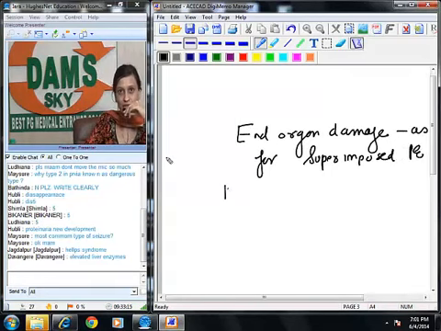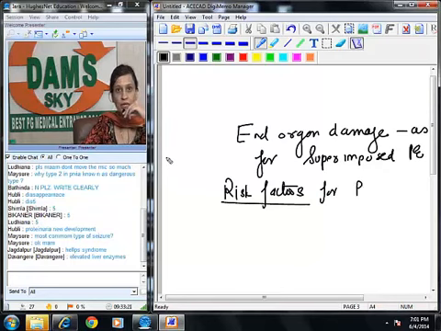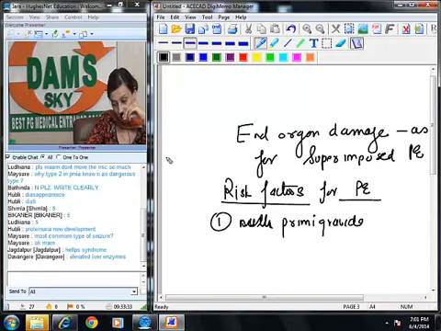Then the next thing we talk about is what are the risk factors for preeclampsia. So first, preeclampsia is more common in, not nulliparas, I will write it as primigravida. So preeclampsia is more common in primigravidas.